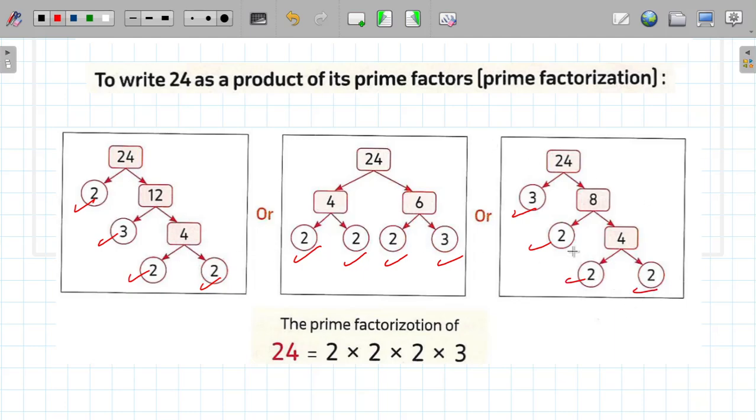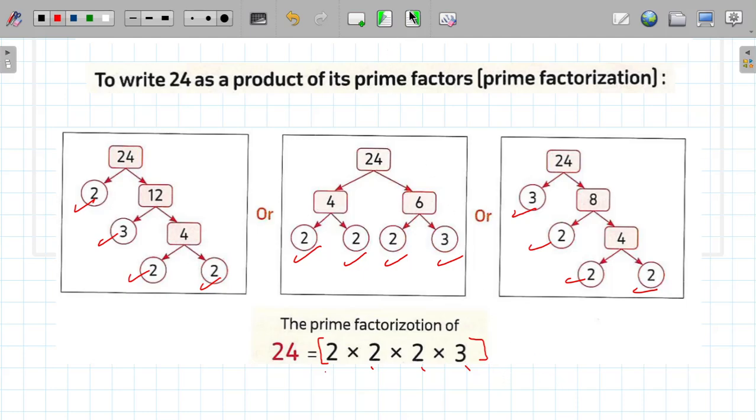All of these forms are the same factorization for the same number. Okay? And they give me the same prime factors, 2 by 2 by 2 by 3. So the prime factorization of 24 is the product of all these prime factors.